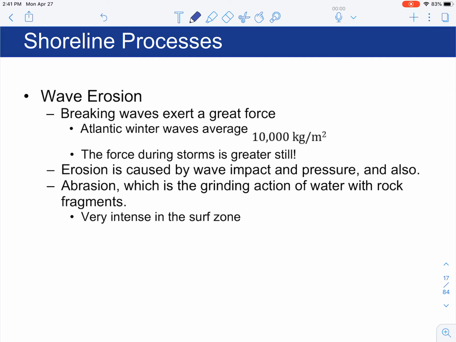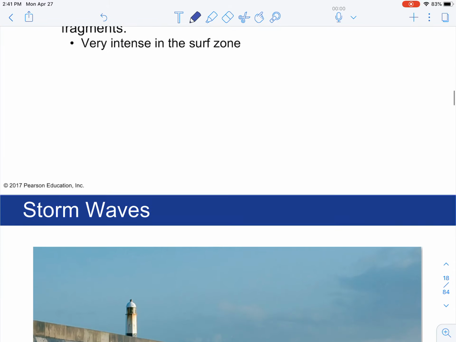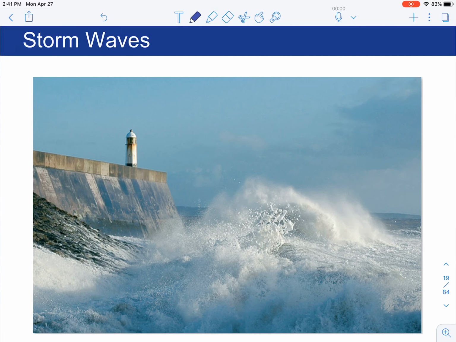So if you've ever gone swimming and found yourself underneath a wave at the wrong time, you can get rocked in that surf zone, and you're going to feel the effects of that rolling action within the wave, and you're going to feel the abrasion of the sediment that's swept up with that wave. So you can get pretty scratched up from that force, and also the impact and pressure of waves on the shoreline. And then obviously this would be magnified quite a bit with storms, because storms transfer a lot more energy a lot faster in coastal environments.